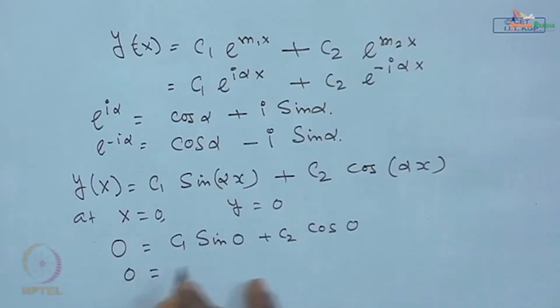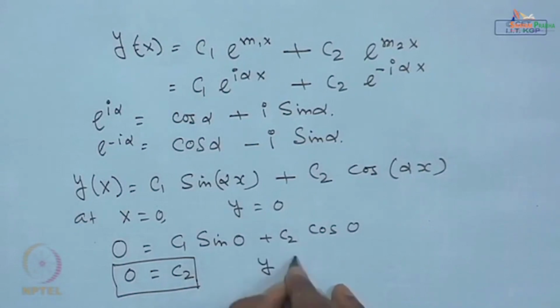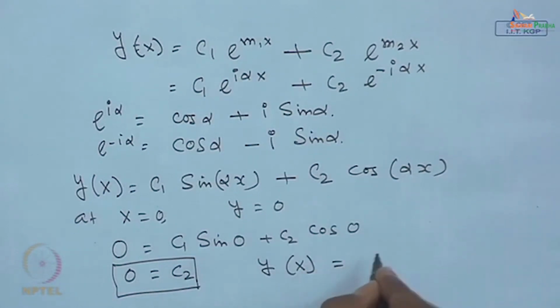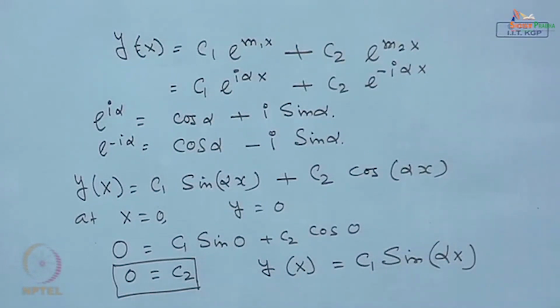So, 0 multiplied by C 1 is 0, and this will be 1. So, C 2 is equal to 0. So, this boundary condition gives me the solution C 2 is equal to 0. So, what is the solution of y of x? It is nothing but C 1 sin alpha x.